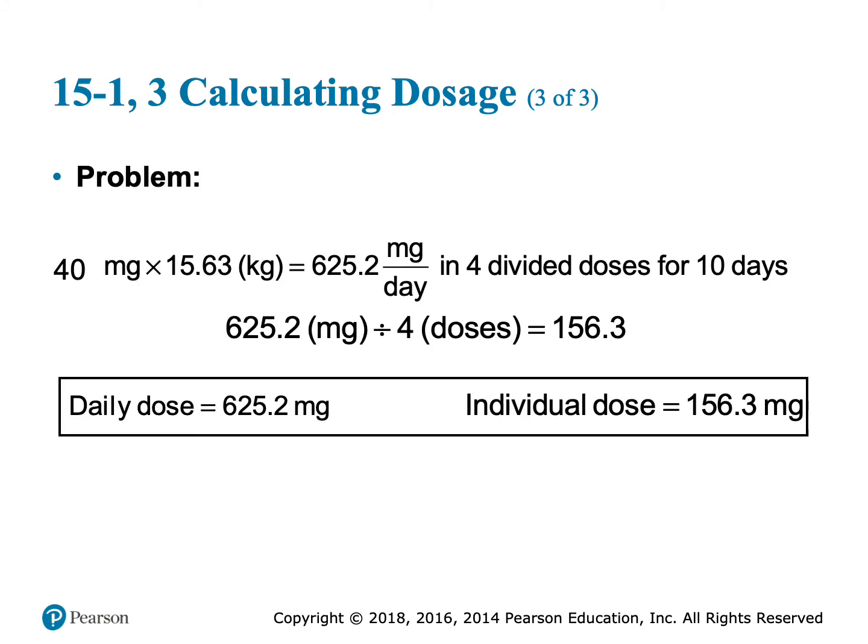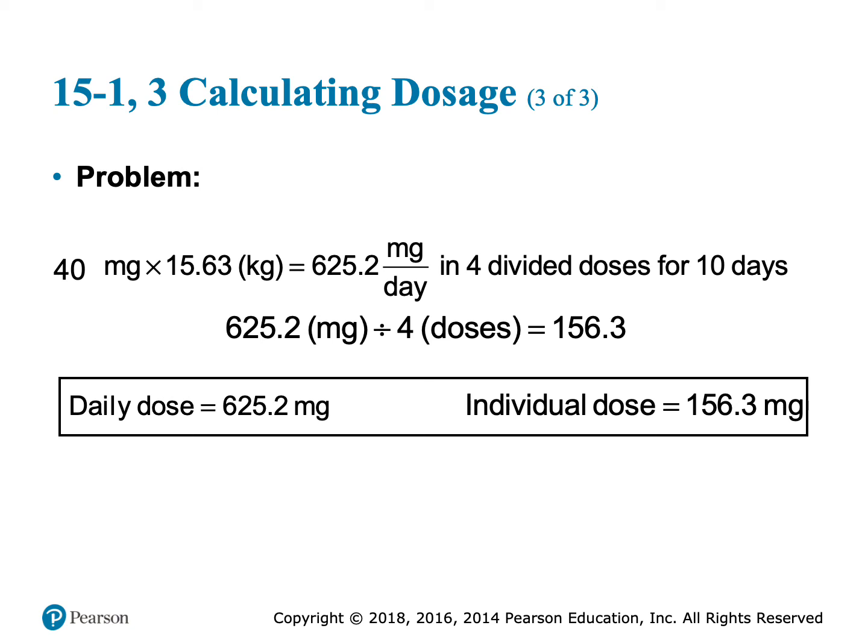Remember, the problem told us that the order was for vancomycin 40 milligrams per kilogram per day. To figure out the daily dose, we multiply our 40 milligrams, which was ordered, times the child's weight in kilograms, which is 15.63.